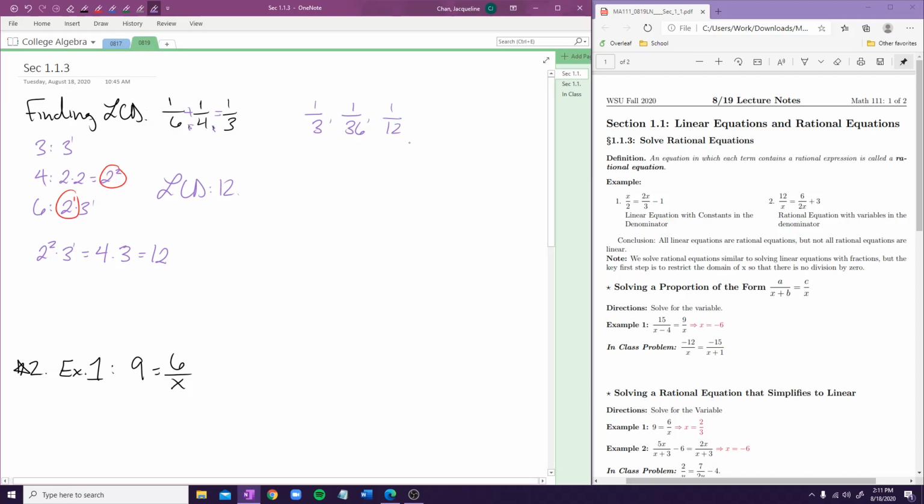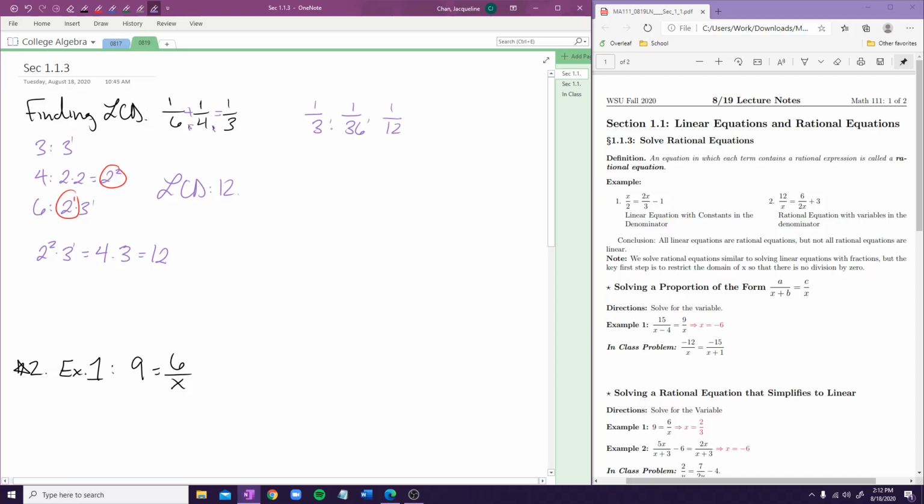Before we continue with the LCD, when you solve equations, you don't necessarily need the LCD. You just need a common denominator. The least common denominator just helps you deal with smaller numbers, and you wouldn't have to simplify as much. So that's why we find the LCD.